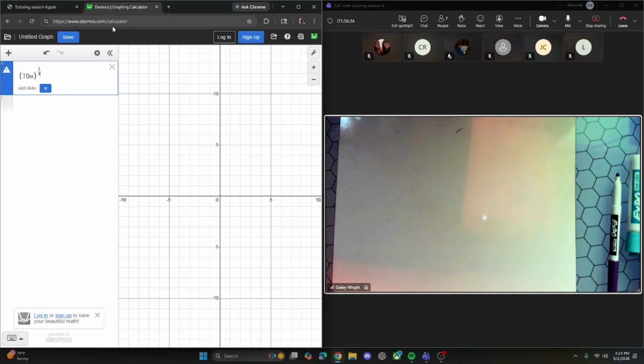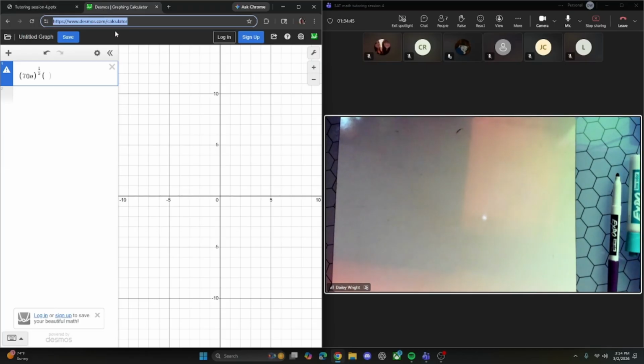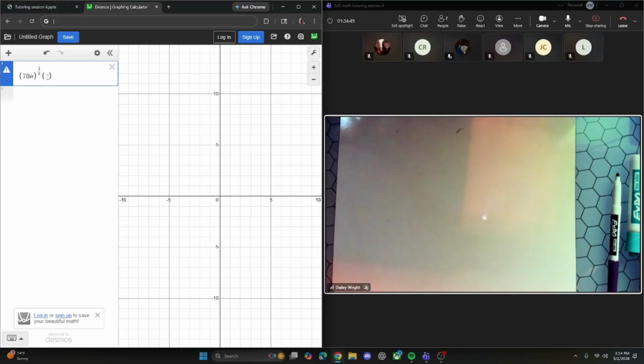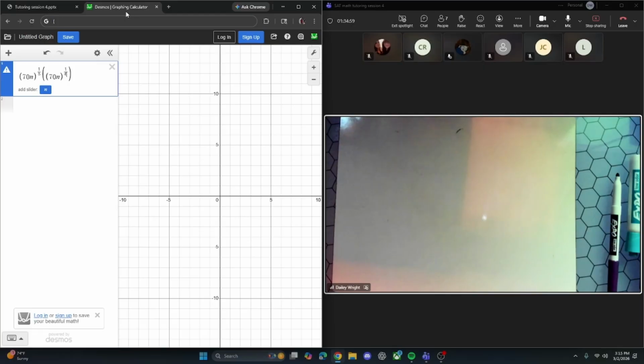And then times 70n to the 1/6 squared. So we're going to have to put that second part in parentheses. 70n to the 1/6, I believe. Yep, 1/6 squared.